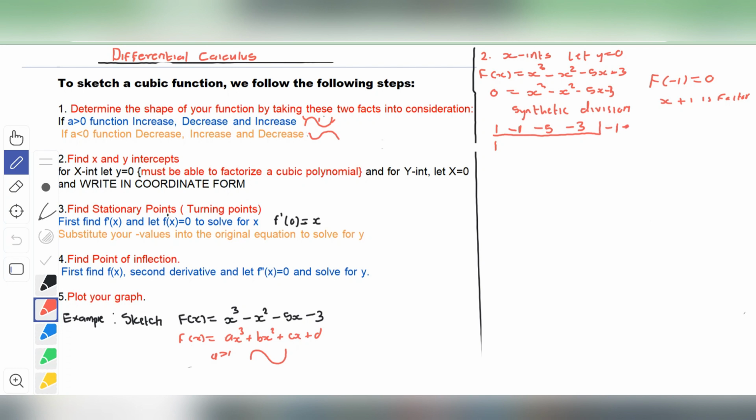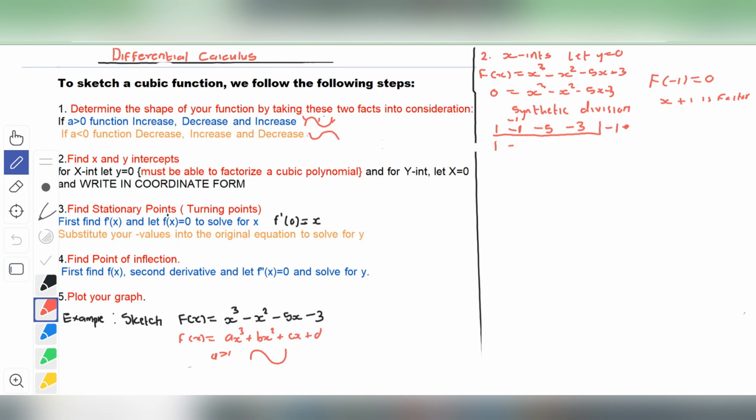Now guys, by this -1. So 1 multiplied by -1 gives us -1. We write it where? From the second term, right? We can see that the second term is -1, the third term is -5, and the fourth term is 3. And from the second term, we can see that we have -1 and -1. What is -1 plus -1?